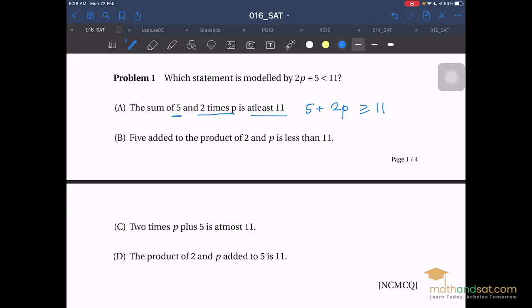Next, 5 added to the product of 2 and p is less than 11. So 5 plus 2p is less than 11. This matches our original statement, so that is the right answer.